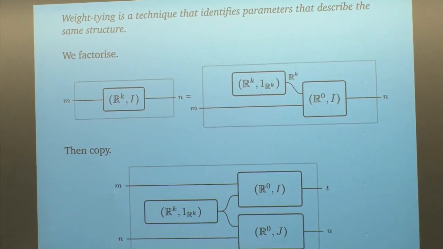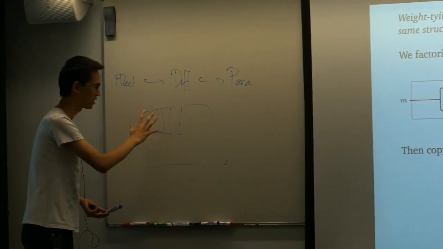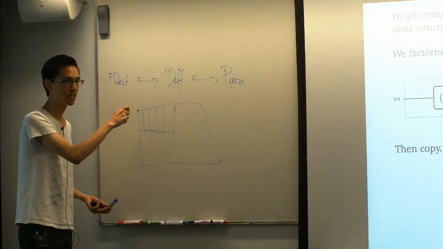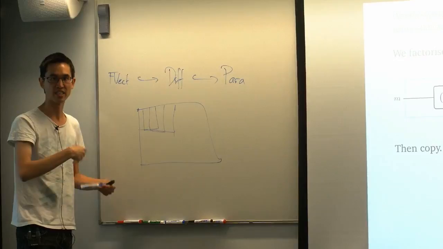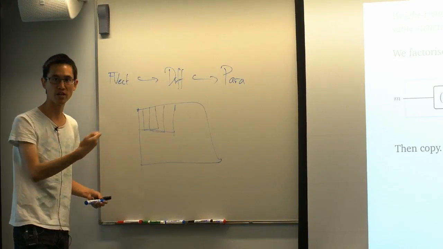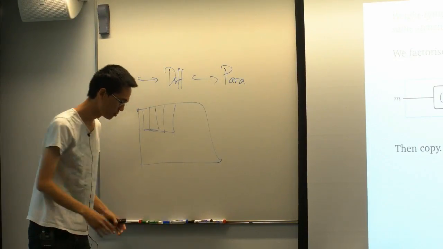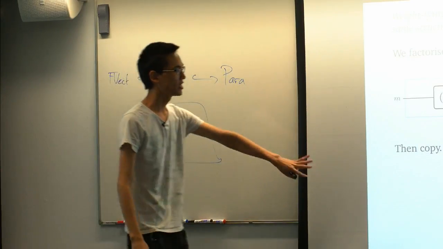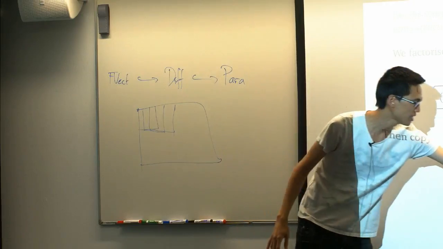We want the structure that it's looking for to be invariant over the image. So we want to say that these things are all recognizing the same structure. And so to do that, we tie the weights together.